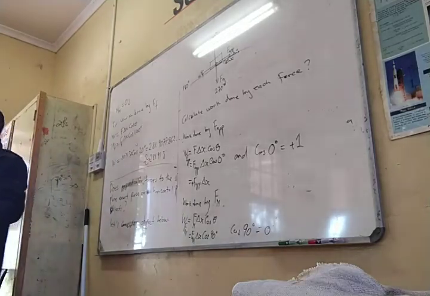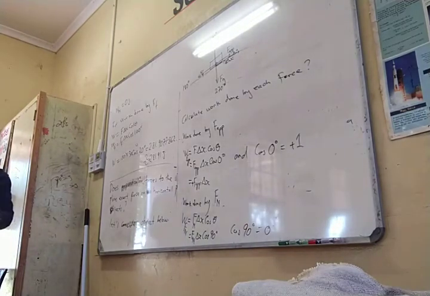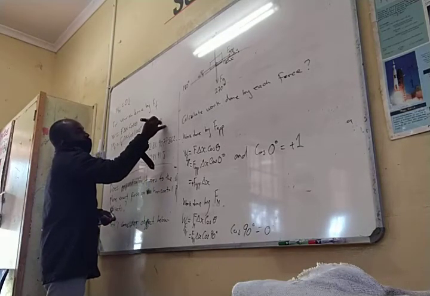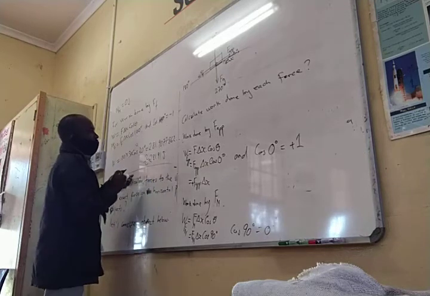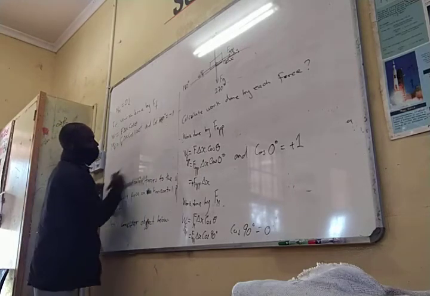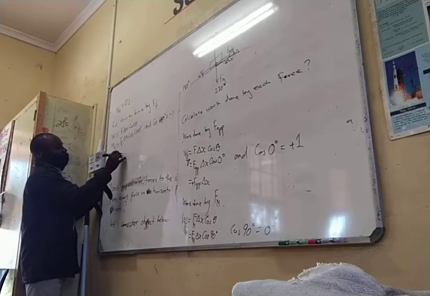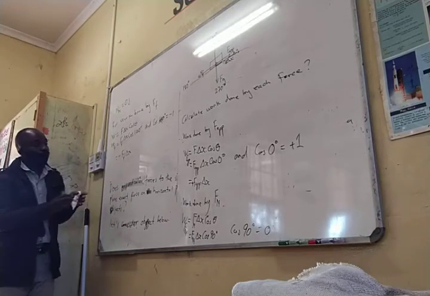Theta is 180 degrees, and cos of 180 degrees equals -1. So the answer is negative F friction delta x. The work is negative altogether.